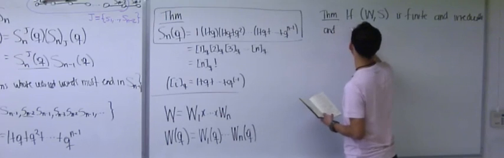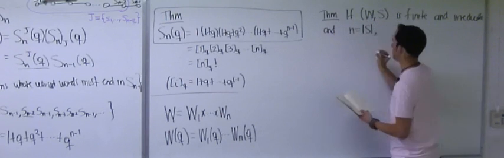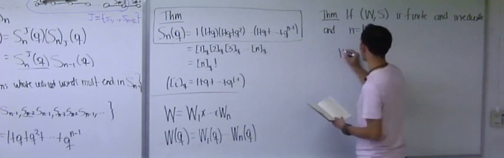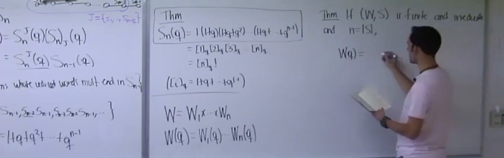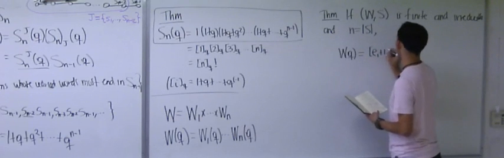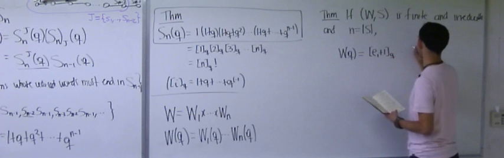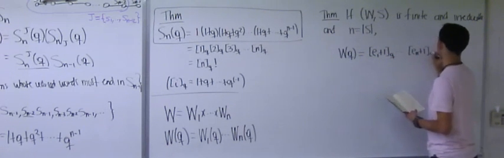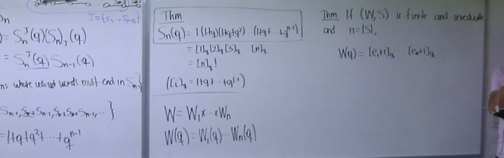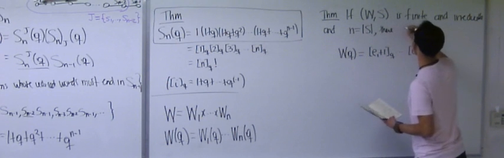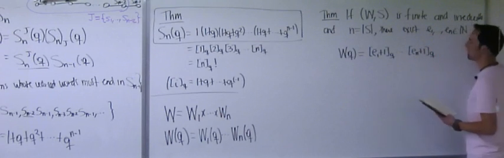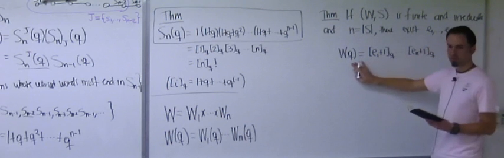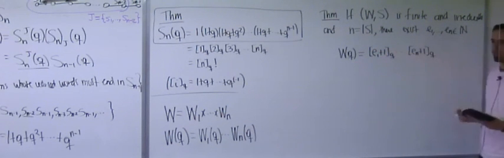Let's say that there are n generators. Then there is a formula of the form W of q is equal to something like this. So there exist natural numbers E1 up to En such that this Poincare series factors in exactly the same way as that one over there.